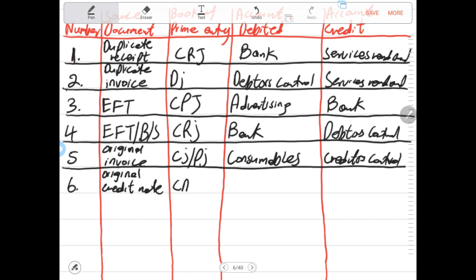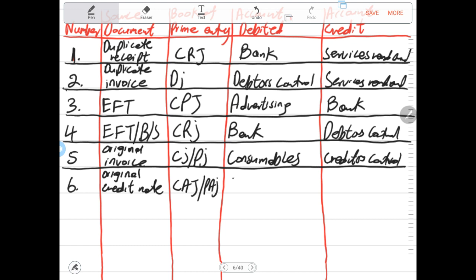This is the creditors allowance journal, where we are recording goods returned back to the supplier. Creditors allowance journal or purchases allowance journal is one and the same thing, but you can just use the words creditors allowance journal, which is CAJ.